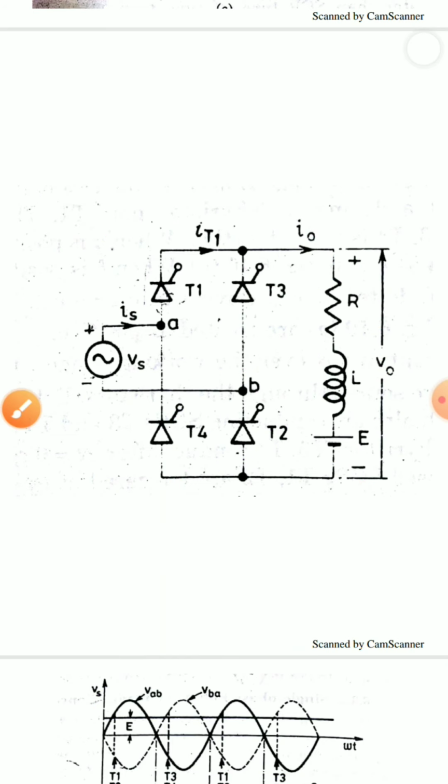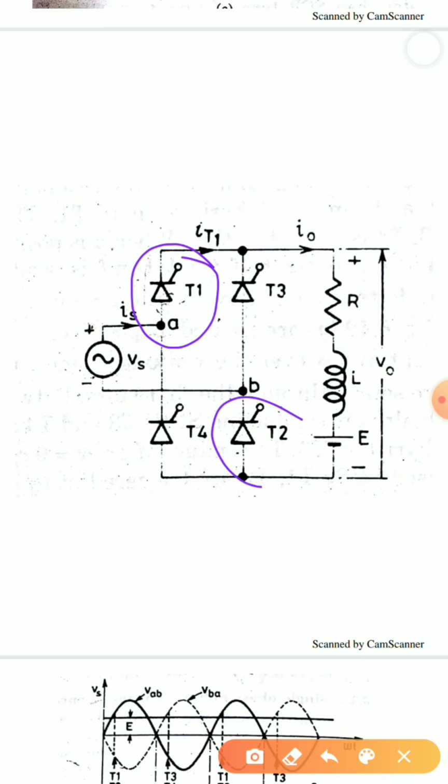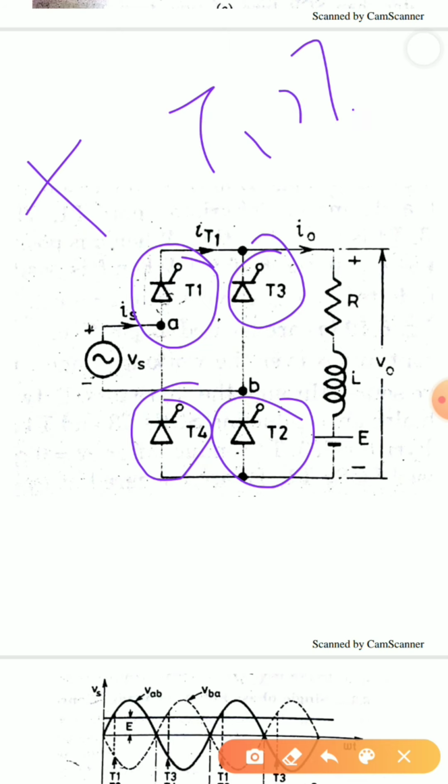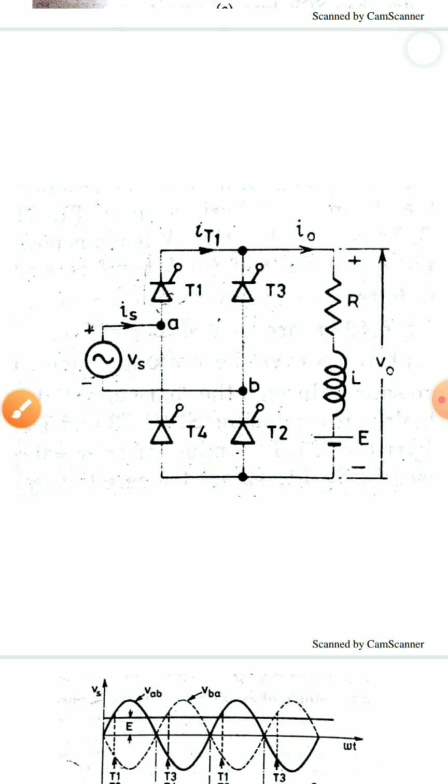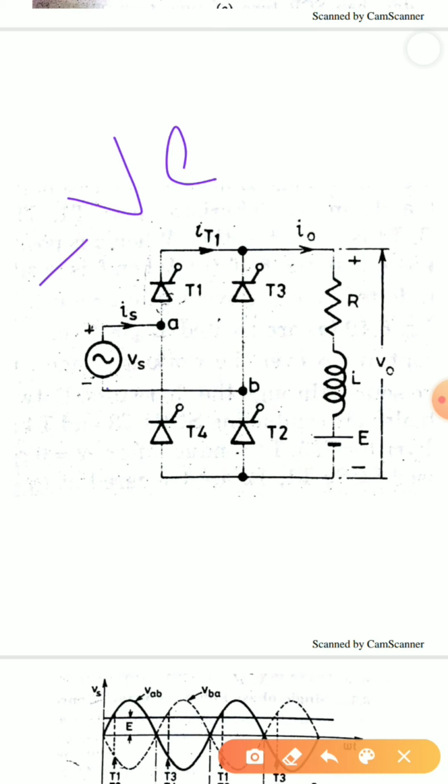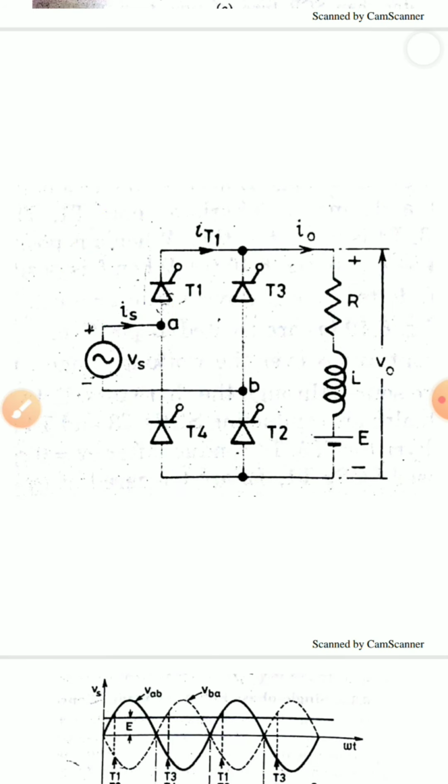Looking at the naming, T1, T2, T3, T4, in the positive half cycle T1, T2 will conduct. In the negative half cycle T3, T4 will conduct.